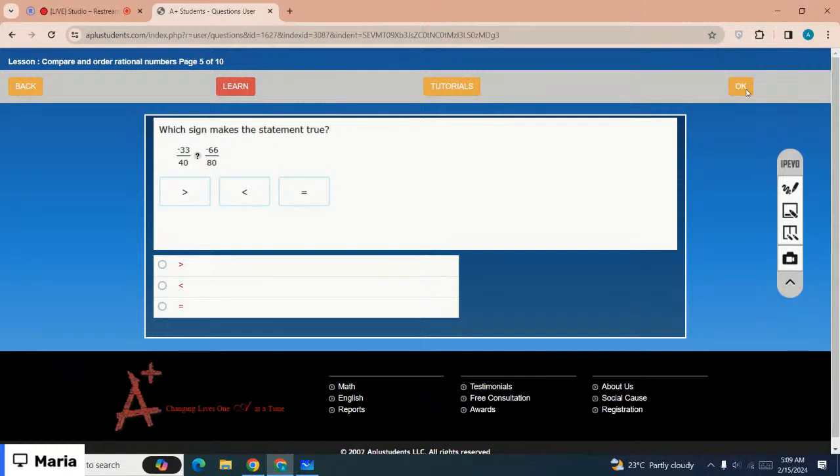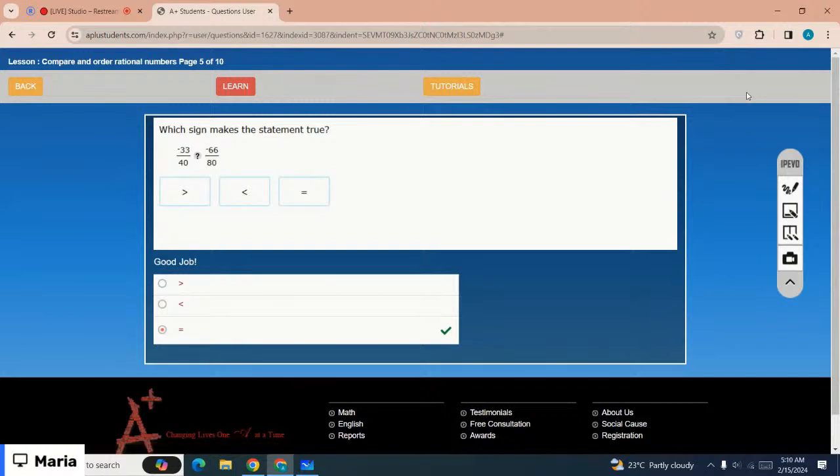The correct option is, if you multiply they both are exactly equal, right? Because you need to make the denominator same. So 40 times 2 is 80 and 33 times 2 is 66. So they both are exactly equal. Got it?